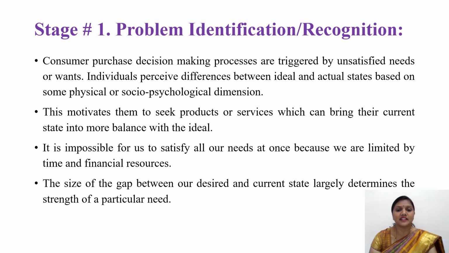It is impossible for us to satisfy all our needs at once because we are limited by time and financial resources, particularly since our income is limited. So all the needs cannot be satisfied at a time. One by one, the need has to be identified and satisfied.